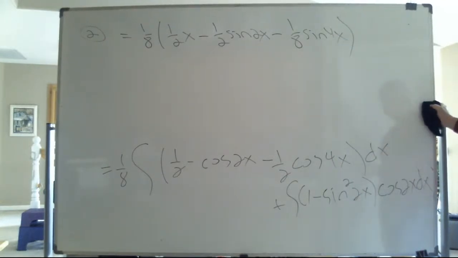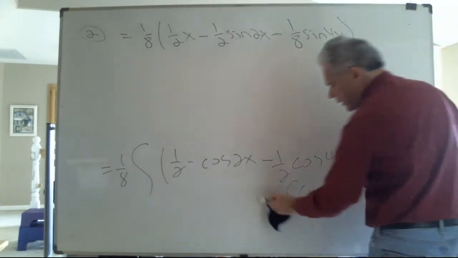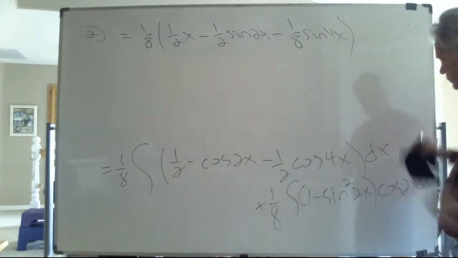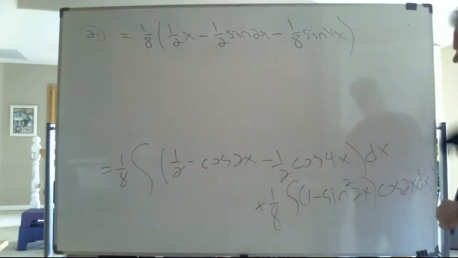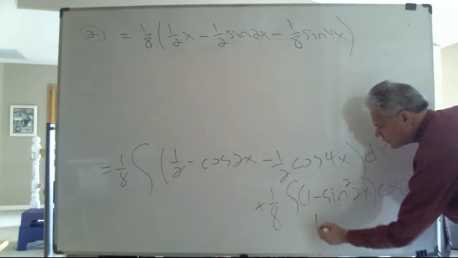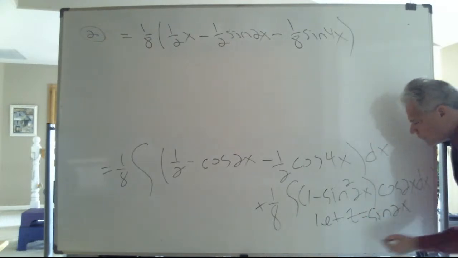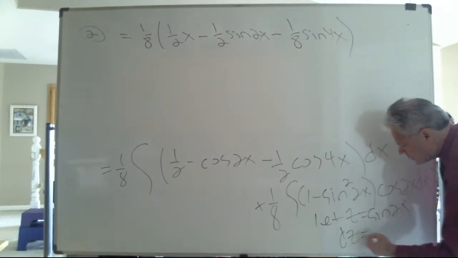Now let's see, I have to confess, everybody, when I split this up into two integrals, I did forget to distribute that factor of 1/8. My apologies, but there it is. Now for this one, if I can just come in and let, say, z be equal to sine of 2x, then certainly dz is this.